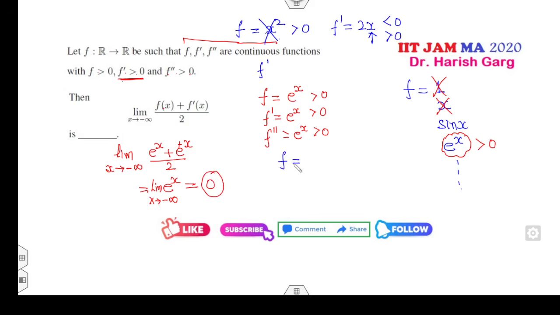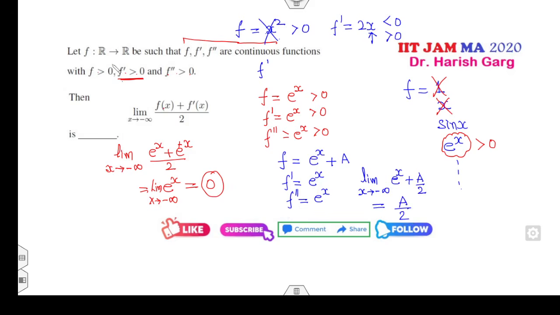If I define the function as e raised to power x plus a, then again f dash is e raised to power x and f double dash is e raised to power x. If you substitute the given limit as x approaches minus infinity, that will be e raised to power x plus a over 2, and the answer is a over 2.